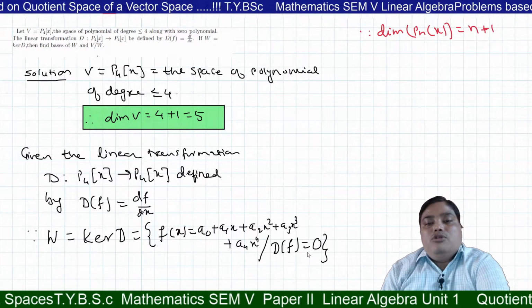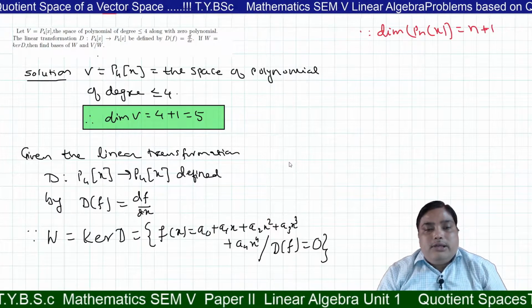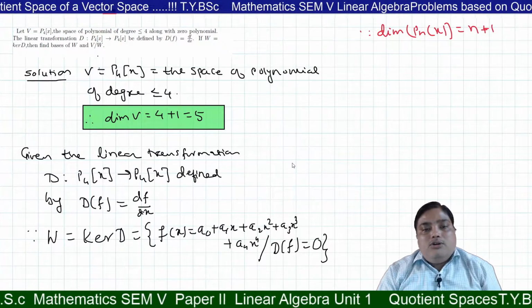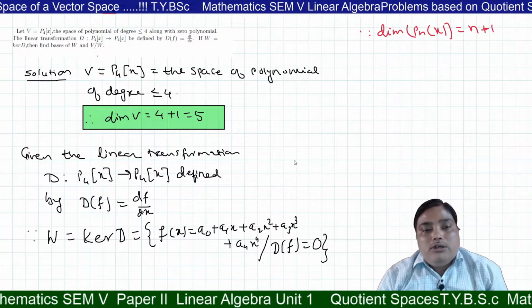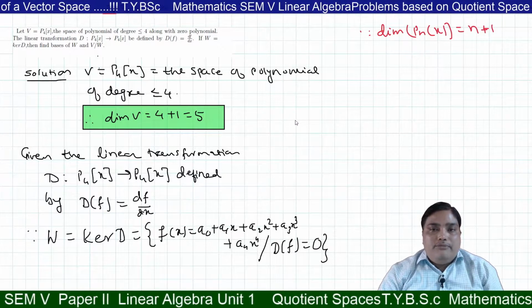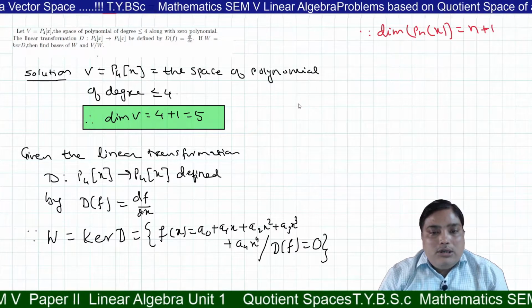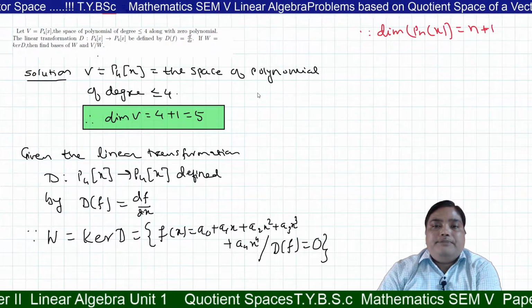So this is the definition of the kernel of this linear transformation. It is the set of all polynomials of degree less than or equal to 4 whose Df is equal to 0. W is given to be the kernel of D, so let's determine this set.